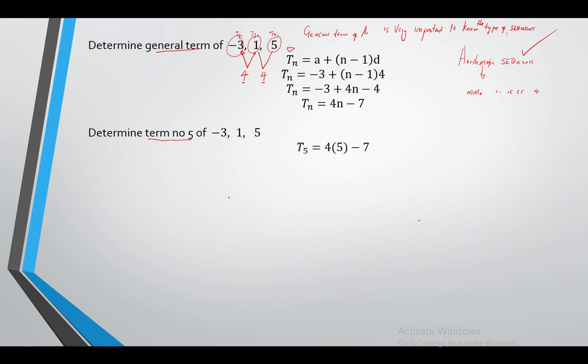Where there is n, I just place 5. Hopefully you know where 13 comes from: 4 times 5 is 20, minus 7 is 13. So term number 5 is 13.